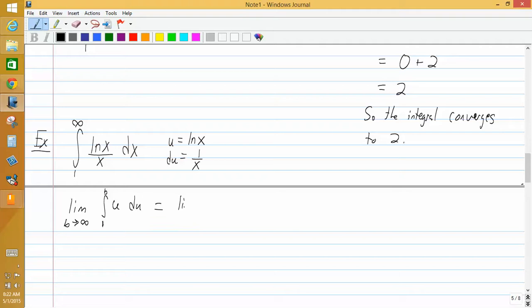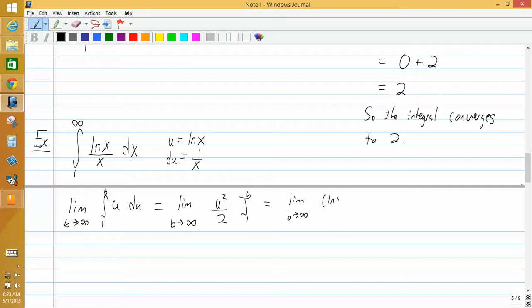So that's the limit as b approaches infinity of u squared over 2. And I do have to plug my u back in. My u was the natural log of x.